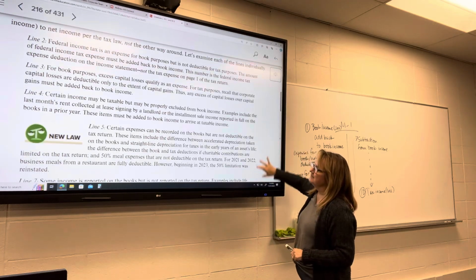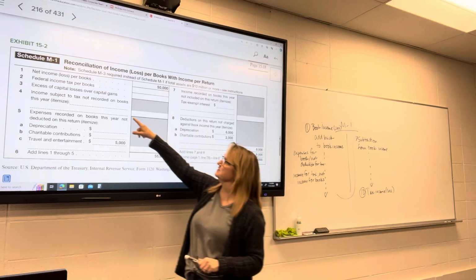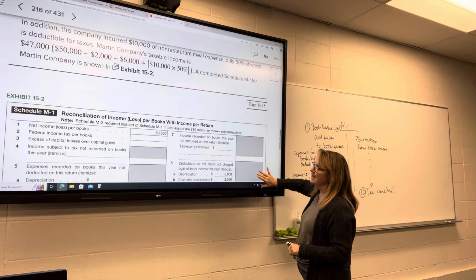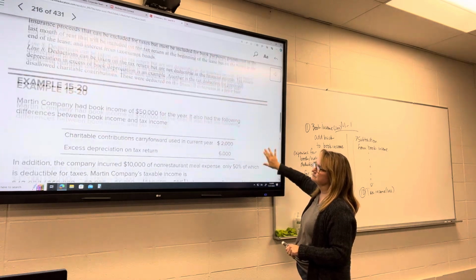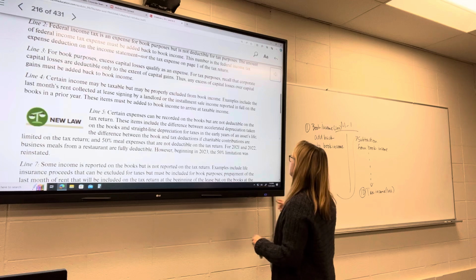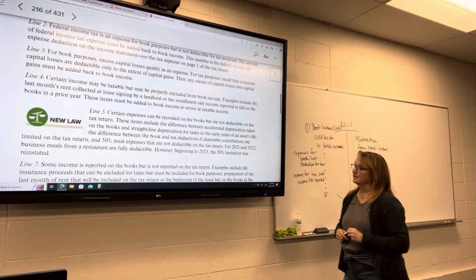Okay, line 5. So that was line 4 there. Income subject to tax but not recorded on the books. Line 5, expenses that are recorded on the books but are not deductible on the tax return. So this is just the general category of this.